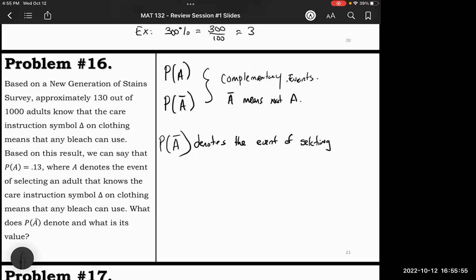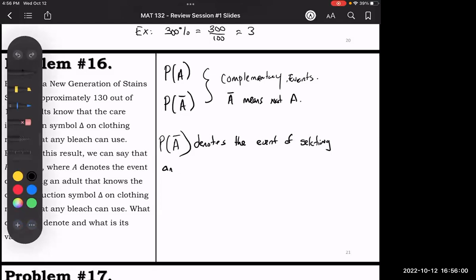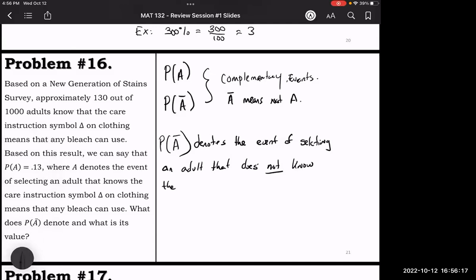So it denotes the event of selecting an adult that does not know the care instructions symbol, which is delta on clothing, means that bleach can be used.